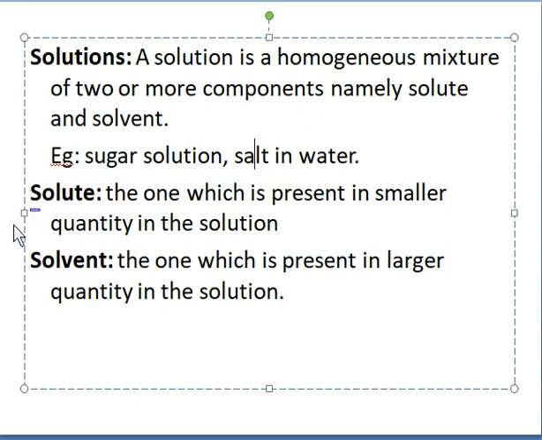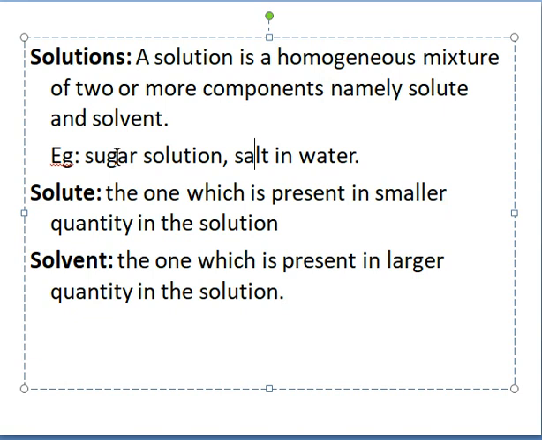What is meant by a solute? A solute means the one which is present in smaller quantity in the solution. If you take a sugar solution, the one which is present in the lower amount is sugar. For 1 glass of water, we are adding 1 or 2 teaspoons of sugar.